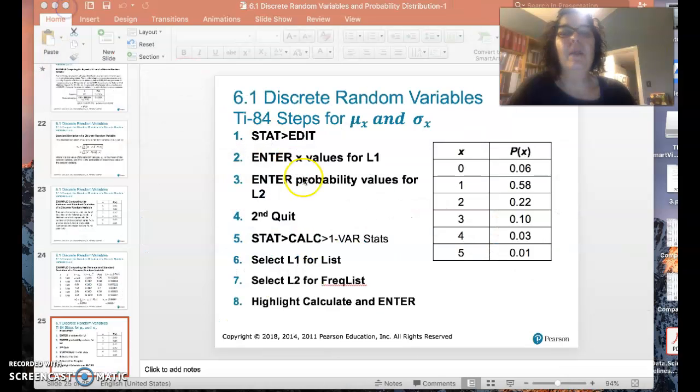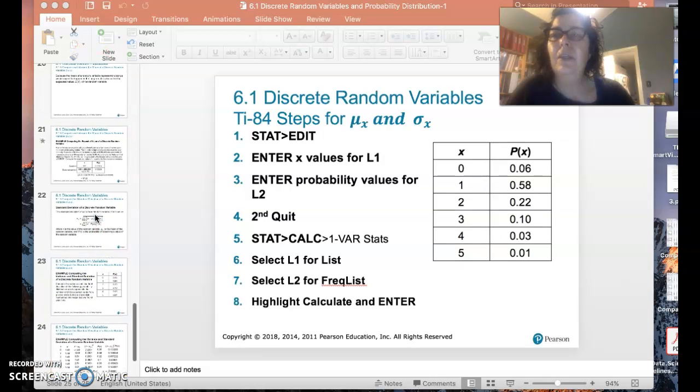So this is a video about how to find the expected value and standard deviation of a discrete probability distribution. But one thing you might be questioning now is how those numbers are formed. 0.06 means that we had a sample size of 100 and 6 of them had x equals 0. We had 100 as the total frequency. 58 of them had x equals 1.